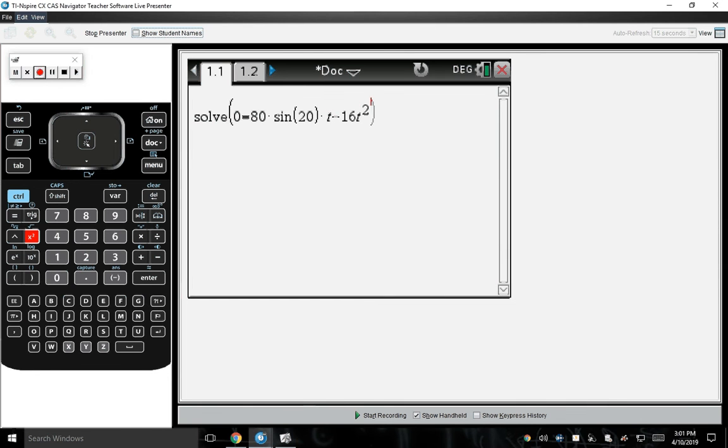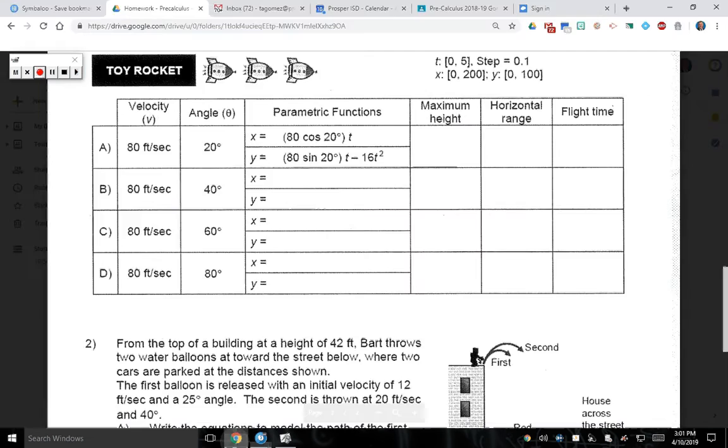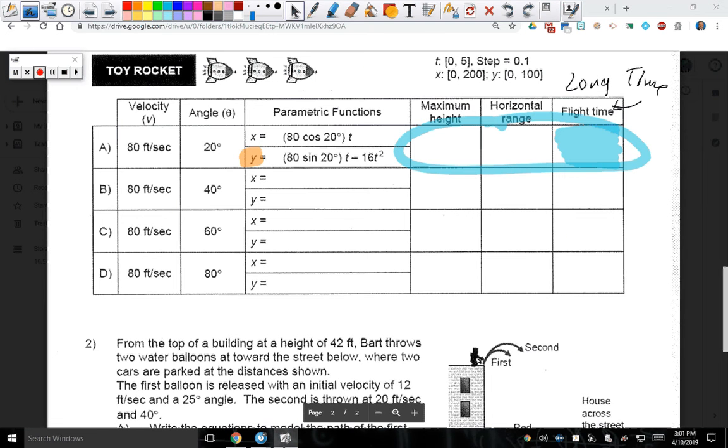Is there a plus h value? No, because you're launching it from the ground. So comma t, how long was that in the air? 1.710. Okay? So 1.710, what is it? Seconds.